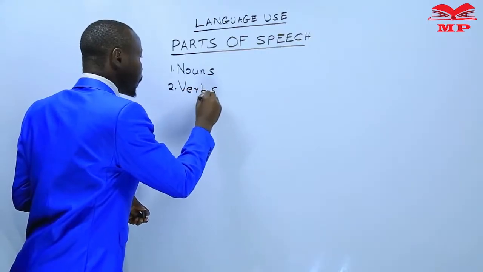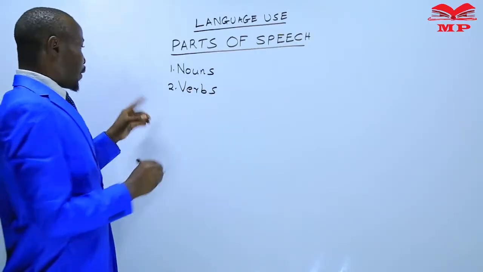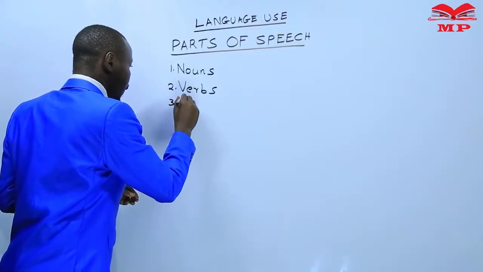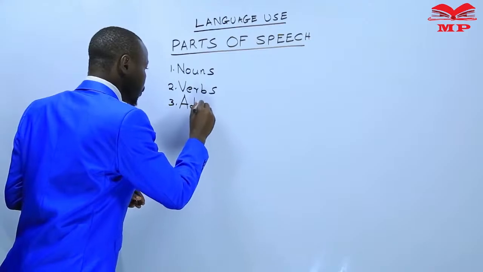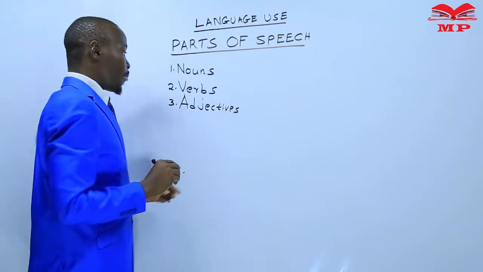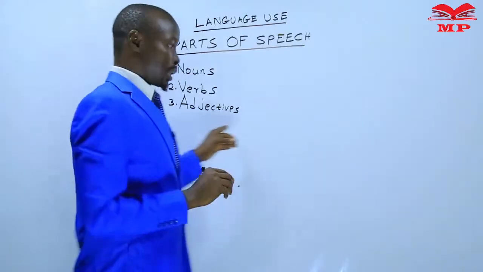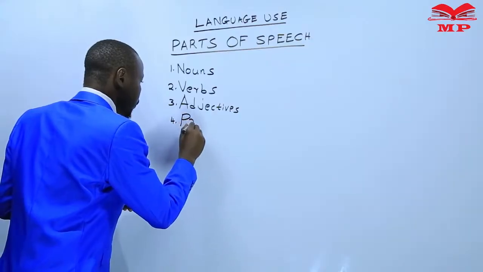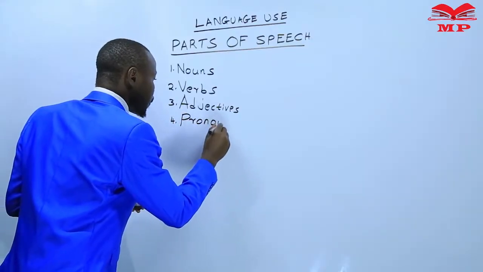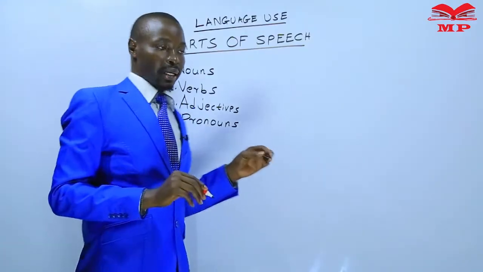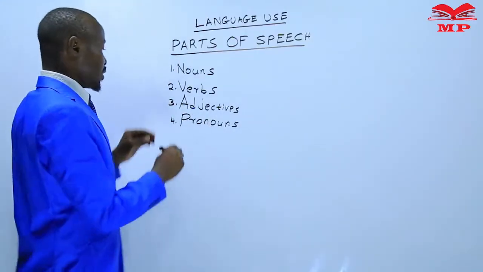So we have verbs. The third type of a part of speech here is the adjective. So we have adjectives. After adjectives, we'll be talking about pronouns. So we have pronouns.